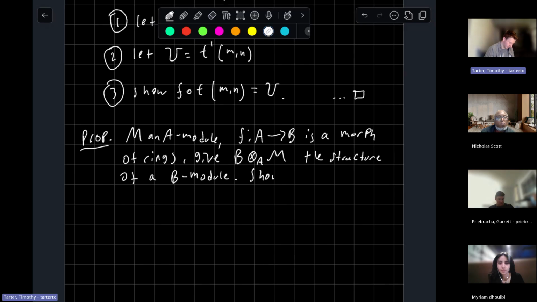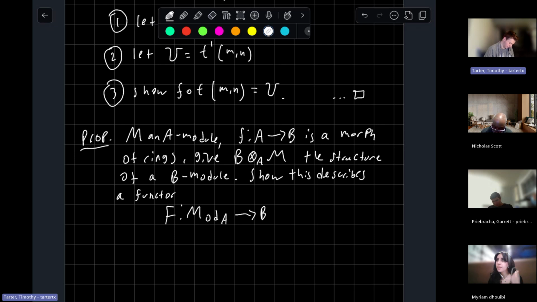and then show that this describes a functor F from A modules to B modules.